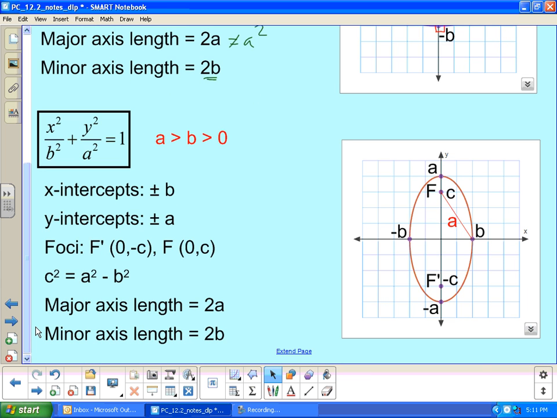And now, again, I told you that with the ellipse, the X squareds and the Y squareds are locked in place. X squared plus Y squared. But notice now the A and the B have switched position. Now the B is hanging out under the X, and the A is hanging out under the Y. And that is because our A will always be our major axis.